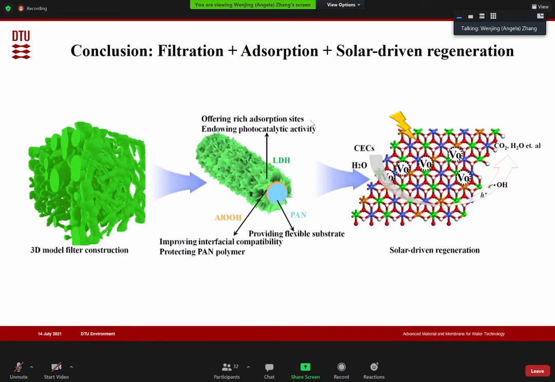And then we have the in situ growth of functional materials with the capacity to absorb the pharmaceuticals. In addition, we also have photocatalytic activity. So once they reach saturation, we can introduce a light source and induce degradation and regeneration of the materials.